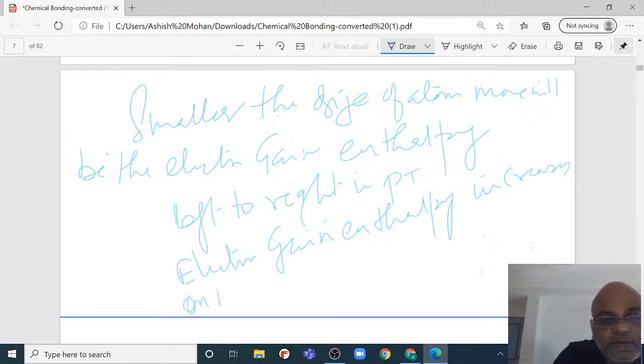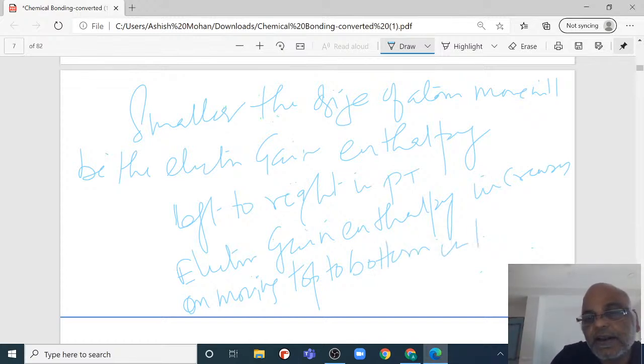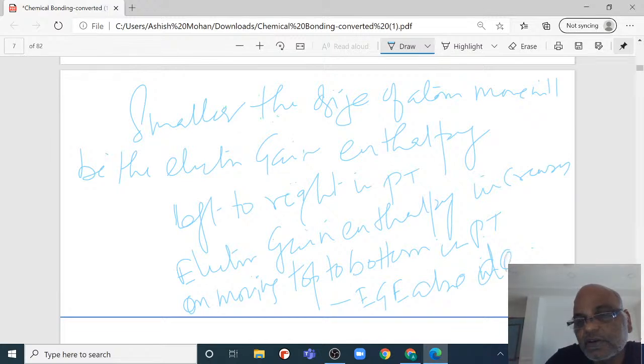On moving top to bottom in the periodic table, electron gain enthalpy decreases.